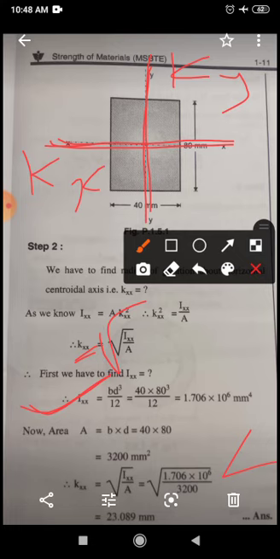Sometimes they may say calculate the moment of inertia about the x-axis and find the radius of gyration about the y-axis. Then don't get confused. In that case, if you have to calculate the radius of gyration about the y-axis, you will have to calculate the moment of inertia about the y-axis, and then you can go further.